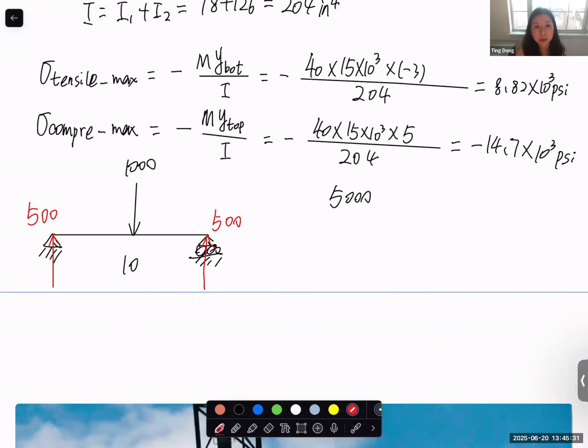Do you guys agree with me or not? If you have 1000 applied at the middle point of the beam, then the reaction forces are 500, 500. Do you want to change the answer or not? What is the maximum bending moment? I think we got a correct answer there. So it should be 500 times 5. The moment arm is half of the entire beam length. So it should be 2,500. Yes, you are correct.